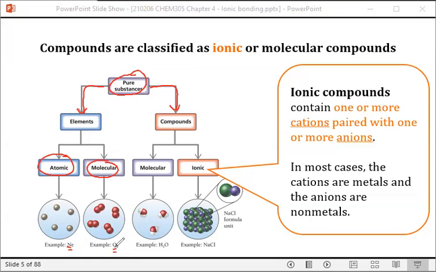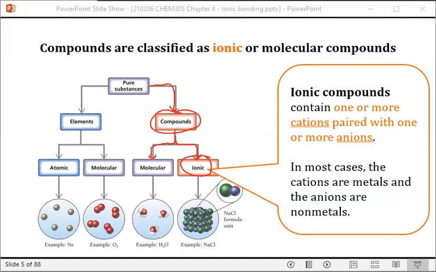And these are the diatomic elements like oxygen and fluorine and bromine and chlorine, etc. Then on the other side of pure substances, we have compounds. And compounds can be further classified as molecular or ionic. Chapter 4 is all about ionic compounds.